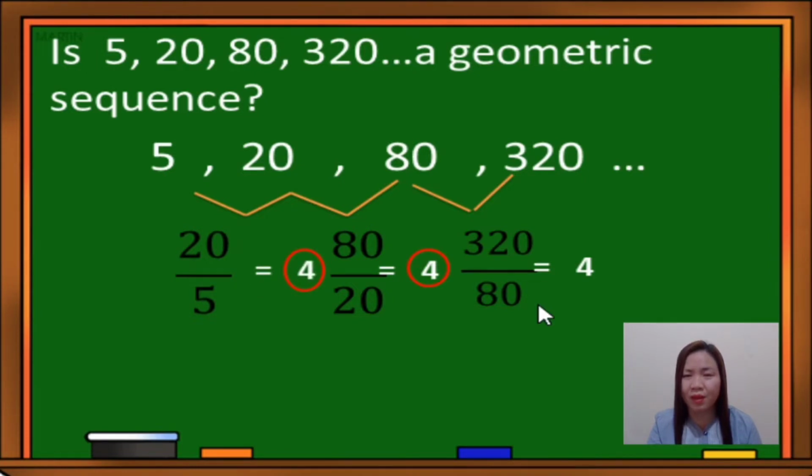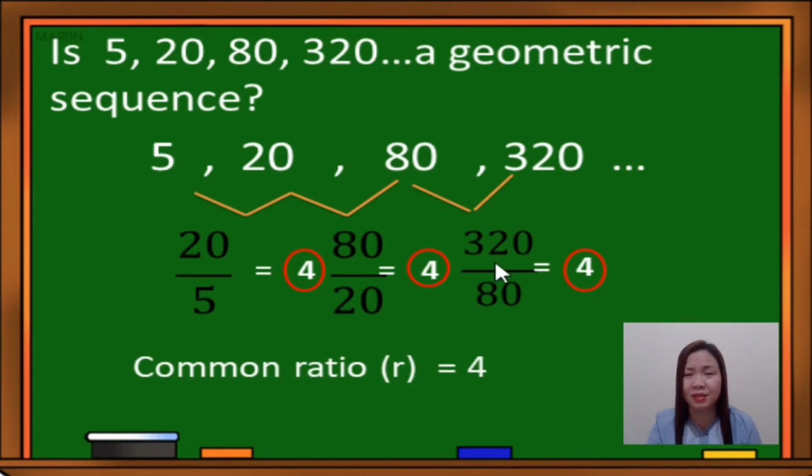As you can see, we have a common quotient, which is 4, and that gives us the common ratio of 4. Therefore, we can say that 5, 20, 80, and 320 is a geometric sequence. So the answer in that example is yes.